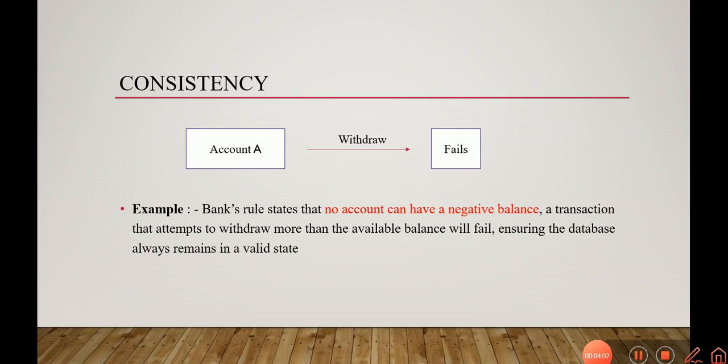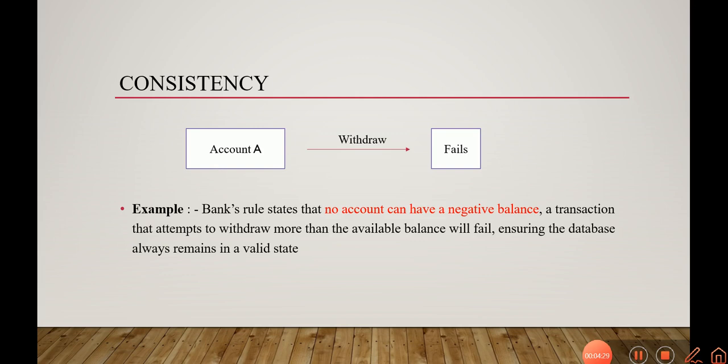If you have zero balance in your account and you want to withdraw some money, of course the transaction will fail, because the system will throw a validation, or a pop-up will appear saying that you don't have enough balance. So it's maintaining the consistency.